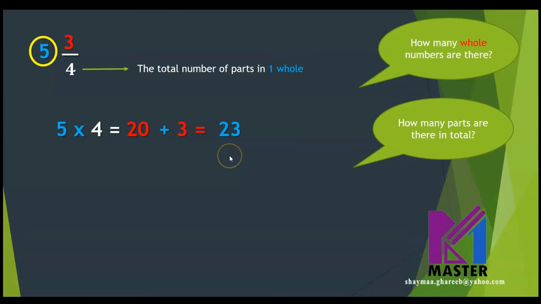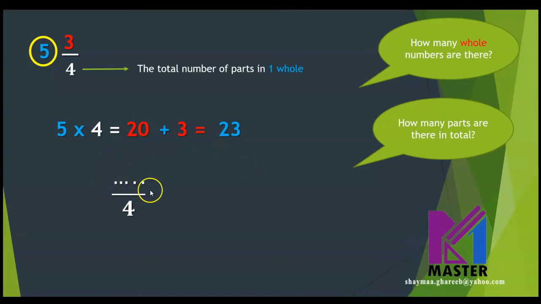So if I want to represent this as an improper fraction, we are going to write the number in the denominator, which is the total number of parts in one whole, and it does not change when I change from a mixed number into an improper fraction or from an improper fraction into a mixed number, because it will always be the same.